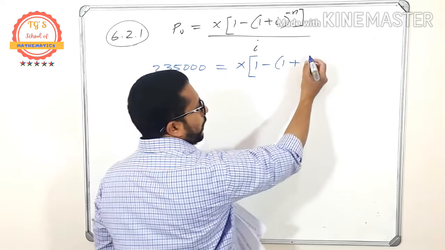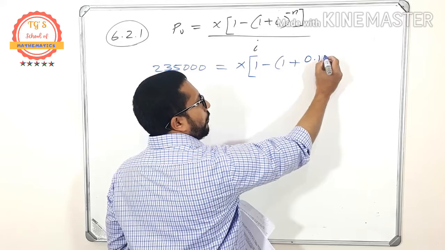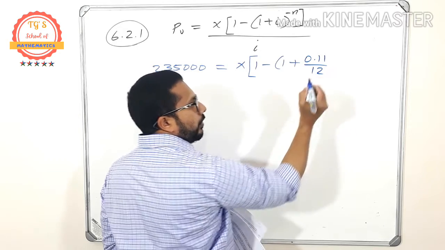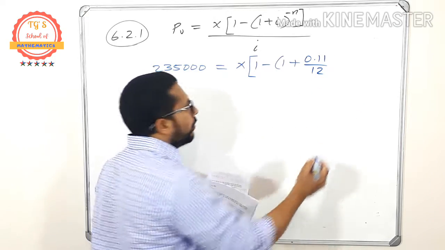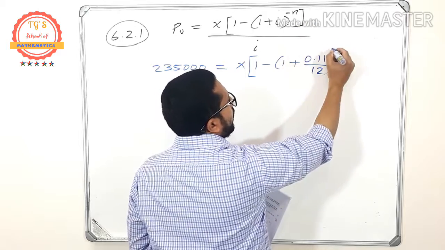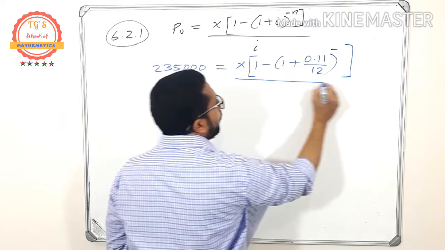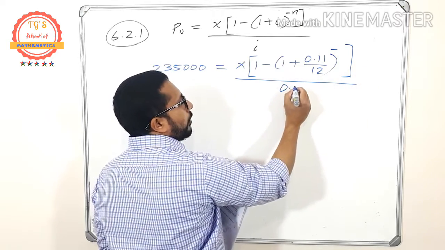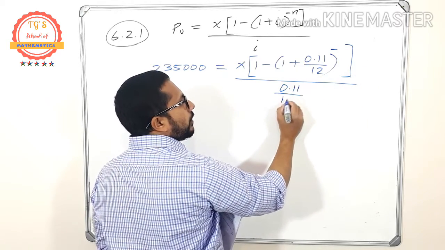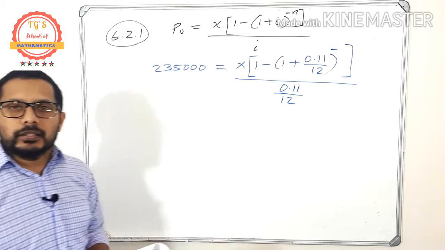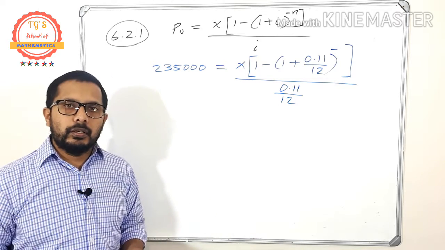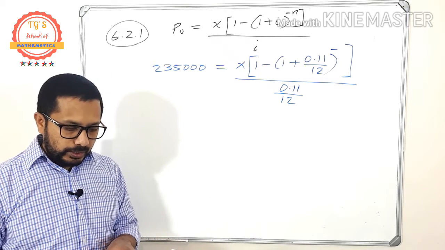11% compounded monthly. It means that 0.11 divided by 12, since it is compounded monthly, the whole raised to minus n. So in this question it is very easy to find n. Look at the question once more. It is directly given how many months there are. How many months? 54 months. Am I right?